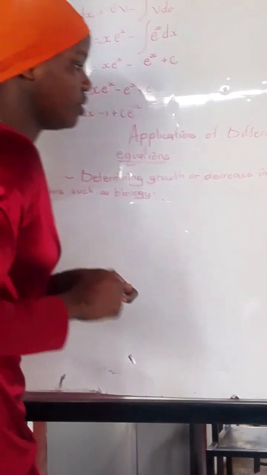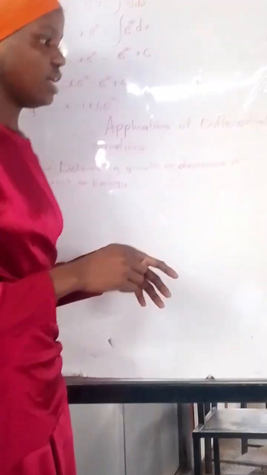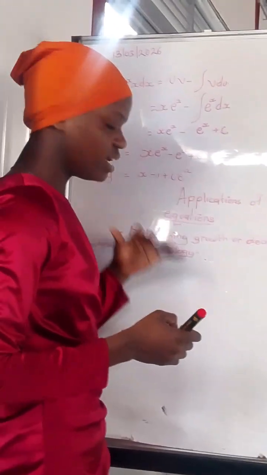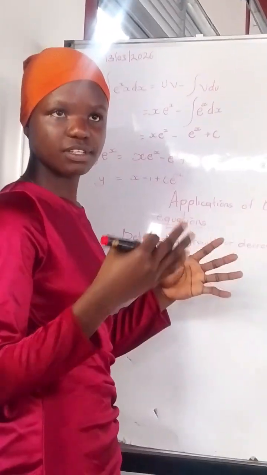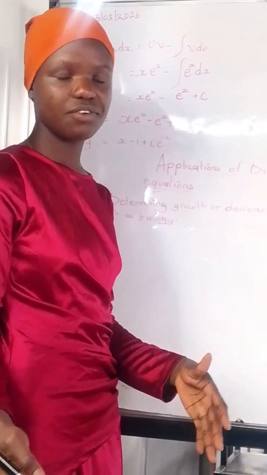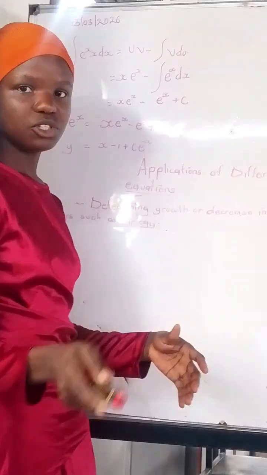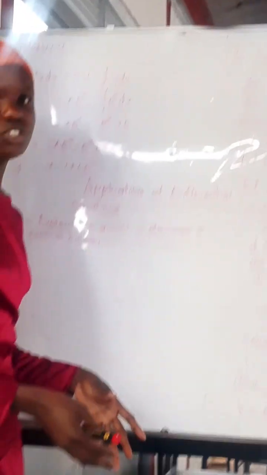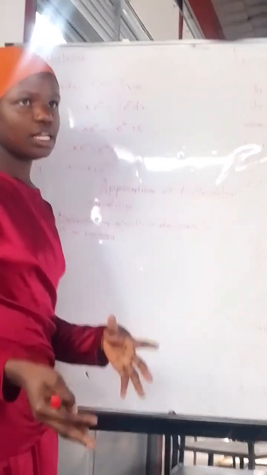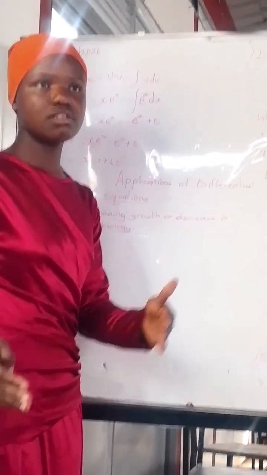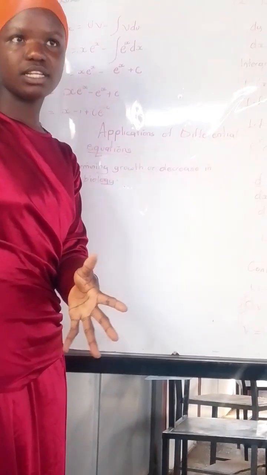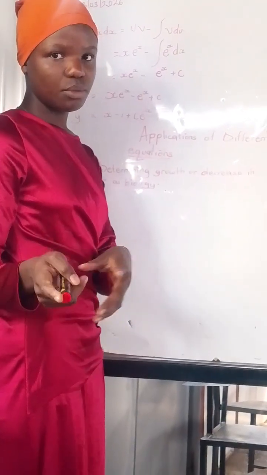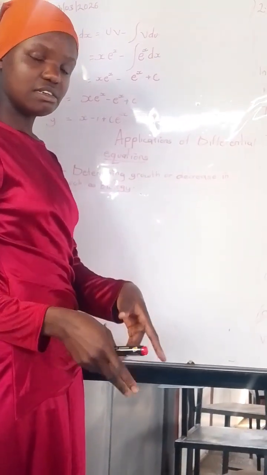For example, they can give you a question and they say the rate of growth of a certain population in a certain area is directly proportional to the population present. There you form a differential equation, and they can further tell you that initially there were this number of people. That's your initial population at time t equaling 0.